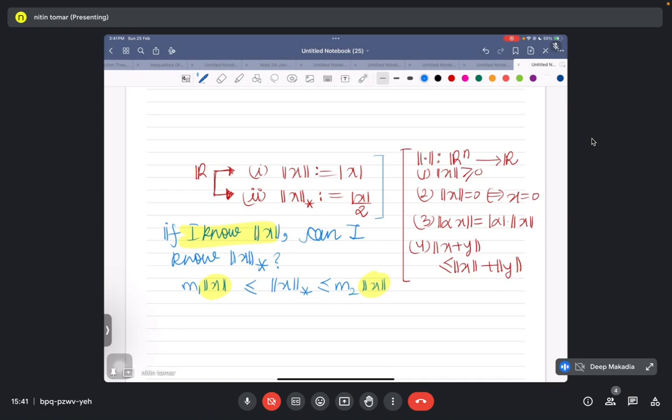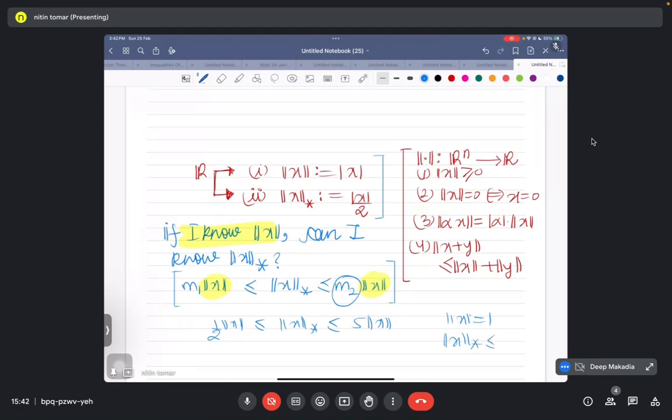So this is a natural thing, right? In the sense that if I know norm x, and this m1 m2 is also known to us, then let us say norm x satisfies this inequality for the time being, 5x and half norm x. Then if norm x is 1, what can you say about norm x star?